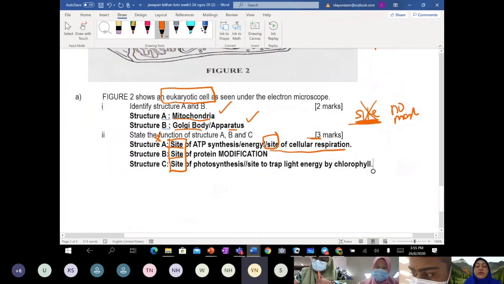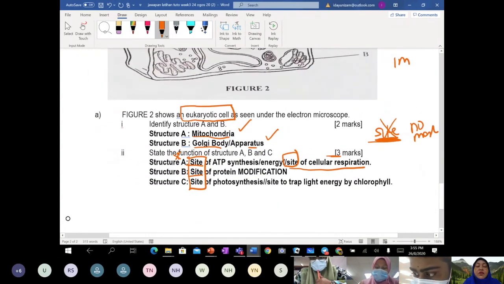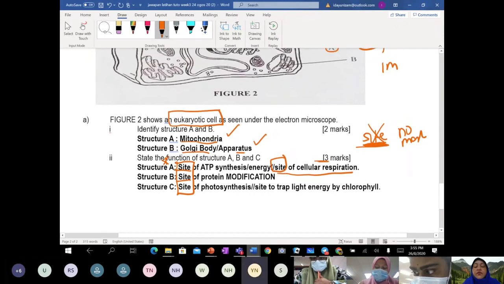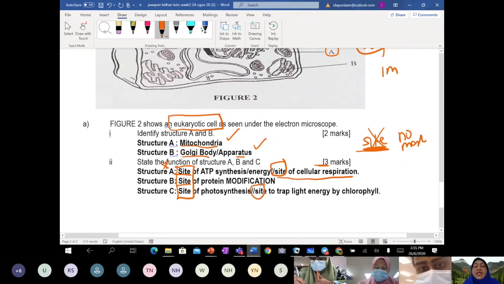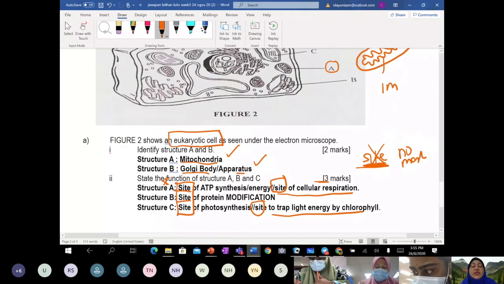And chloroplast is site for photosynthesis, or site where chlorophyll traps the light energy. That can also be written as the answer.